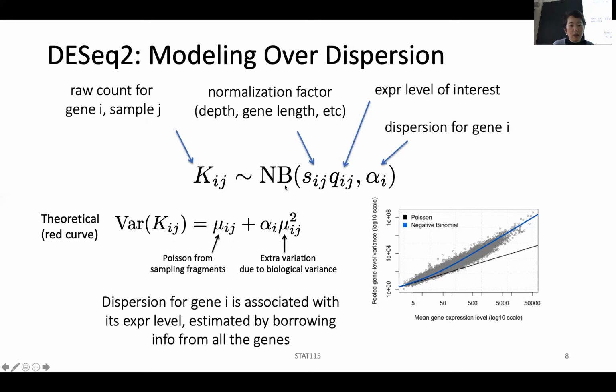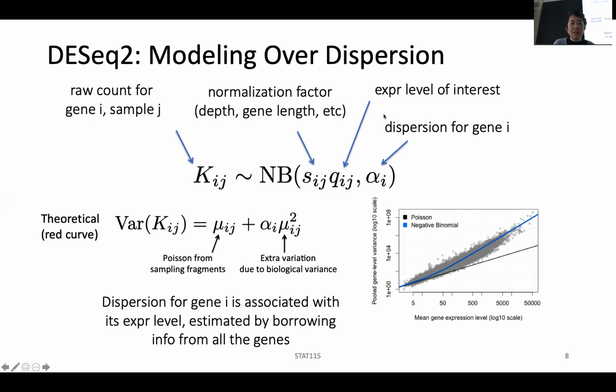It follows a negative binomial distribution. There is a small scaling factor. This scaling factor depends on the sequencing depth of your library, and also the gene length. As we mentioned, if the gene is very long, then you have more reads, but if the gene is short, you have fewer reads. It may also correct a little bit for the GC content of this gene. And this is the actual expression level you want to really measure, right?